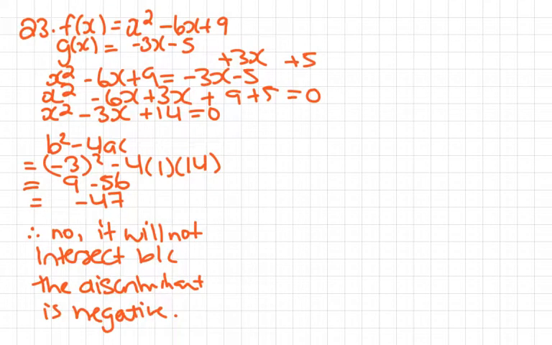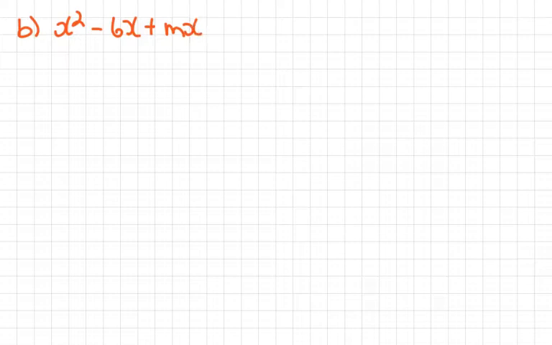All right, and then B says change the slope of the line so that it will intersect in 2 locations. So I'm going to take that equation that I just simplified, x squared minus 6x plus, and then I had 3x, but I'm going to change it to m because I need a new slope. I have to check which slope will make it have 2 solutions.